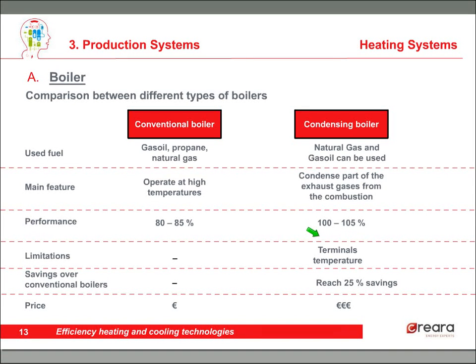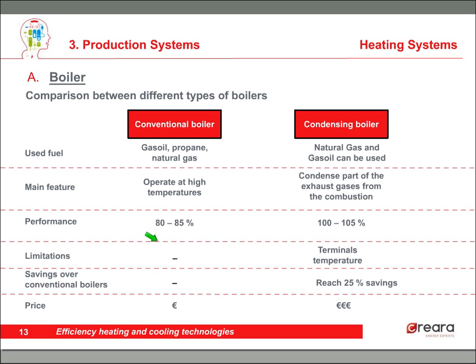So, the performance in conventional boilers: as they always work at high temperatures, at maybe 80 to 90 degrees, the steam coming out of the boiler is so hot that it can condense. So conventional boilers can take advantage of the water heat, let's say.